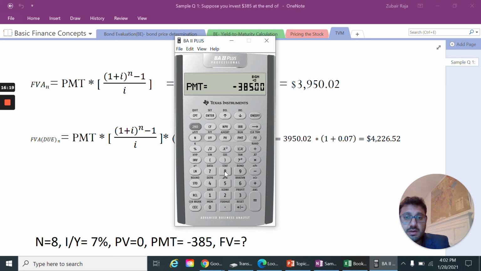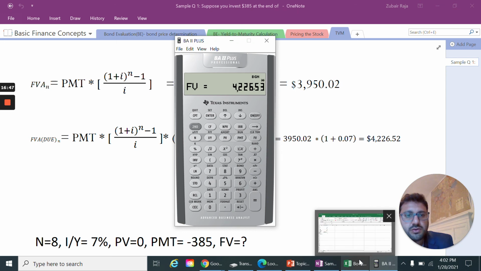First you have to insert the numbers, and then you have to press the other keys. Now if I compute the future value, I get 4226.53. When I did it with the formula, I found 0.52, but it's a very minor difference, just a 1 cent difference. So this is how we can do it with the calculator.